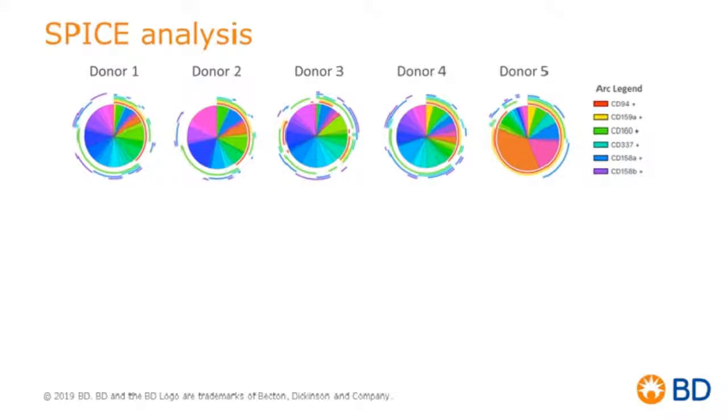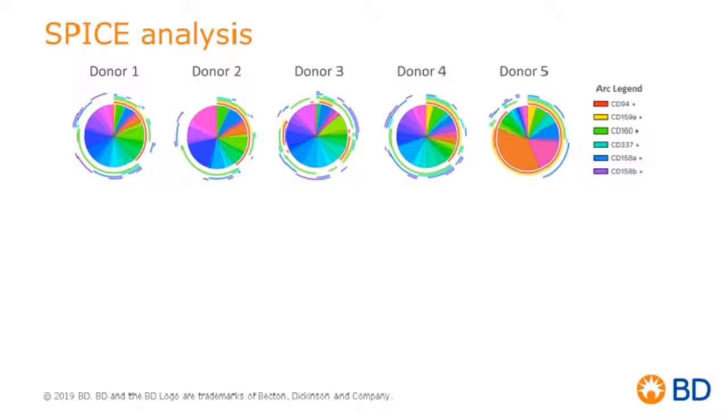So we have populations that express only one marker. Like if you look at the green arc, you could see at 9 o'clock of the first donor, at 9 o'clock, you see the blue pie slice. Those are a subset of NK cells that express only CD158, sorry, CD160, as a green arc.